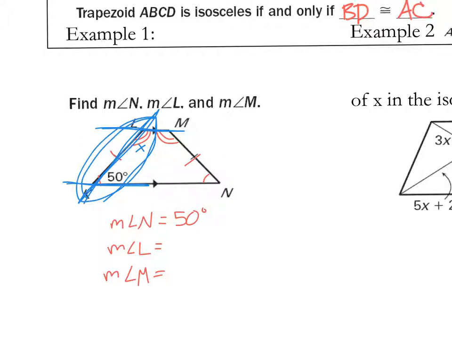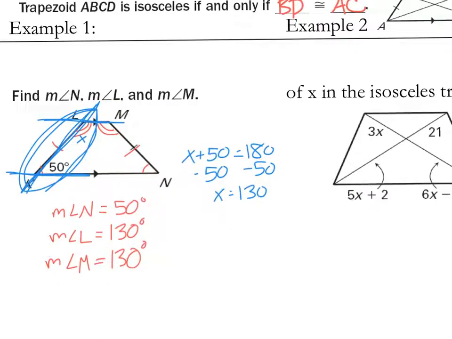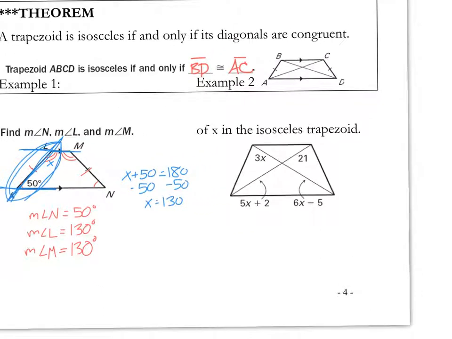These two lines are parallel because their tick marks are shown. So x plus 50 equals 180, because same side interior angles are supplementary. So then x would be 130. So both of these are 130. So a little bit of prior knowledge there.